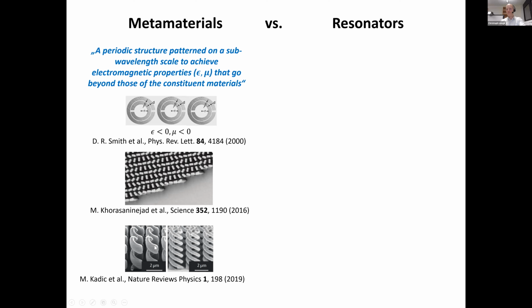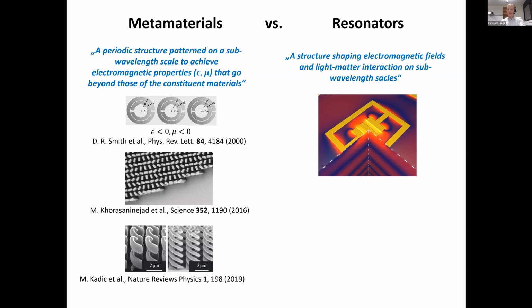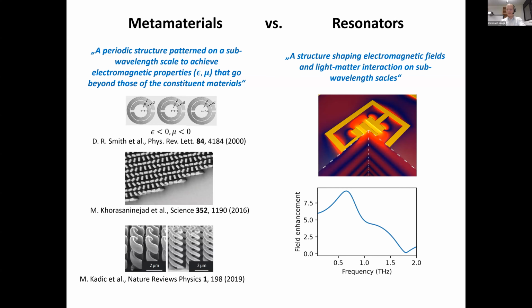On the other hand, we have individual resonators, which I would for this purpose characterize as structures where you can shape electromagnetic fields on these extremely sub-wavelength scales to achieve certain functionalities. I'll just show an image to illustrate this. This is a calculation of the near field of one of the resonators we have worked with. I'll get back to this one later in the presentation.